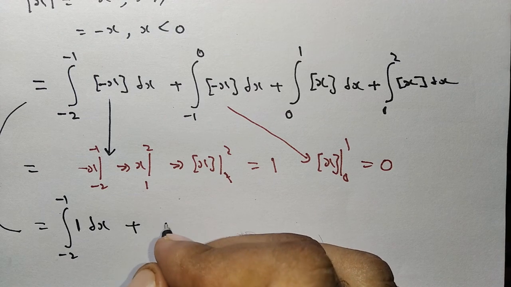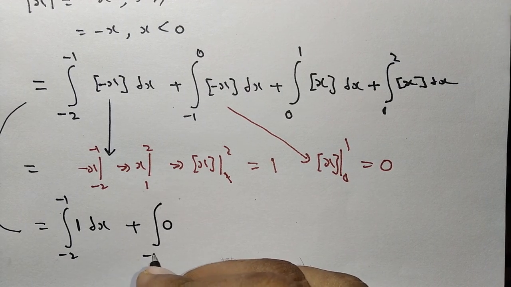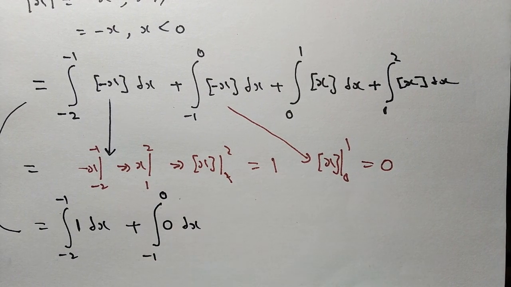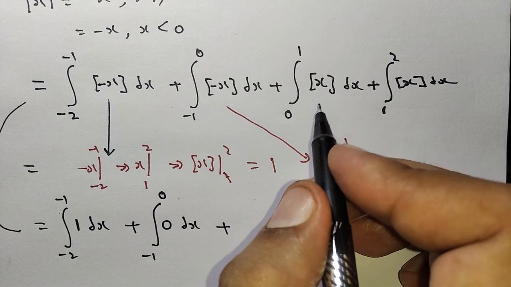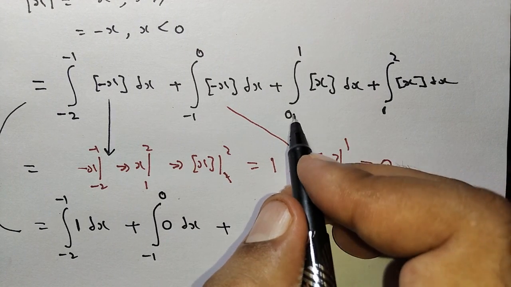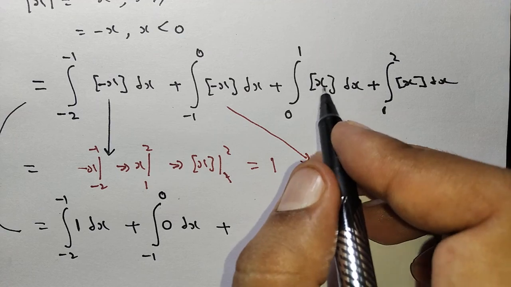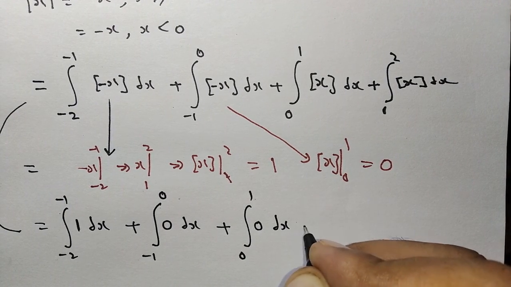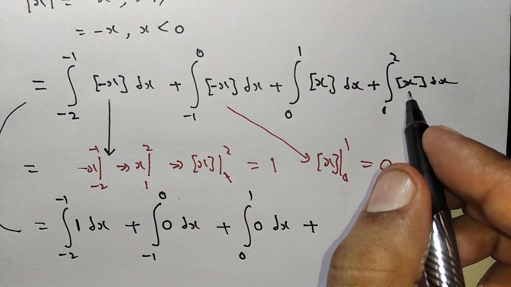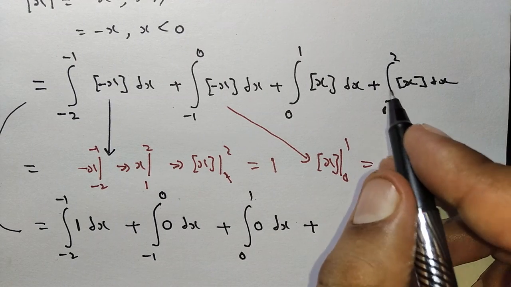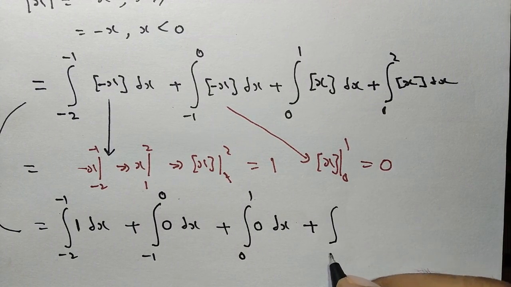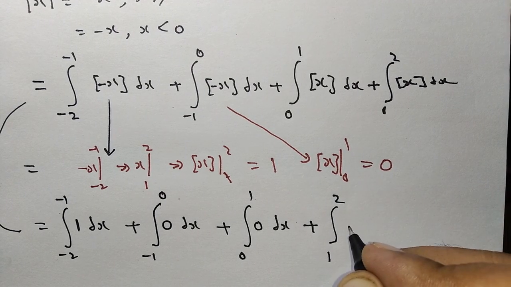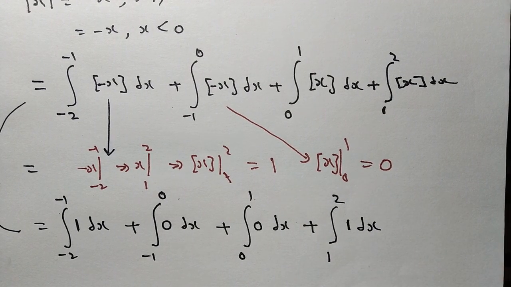So this is 0 times integration minus 1 to 0 dx. For the positive values we have the greatest integer function from 0 to 1, which gives 0, so 0 times integration 0 to 1 dx. And from 1 to 2 the greatest integer function gives value 1, so integration 1 to 2 of 1 dx.